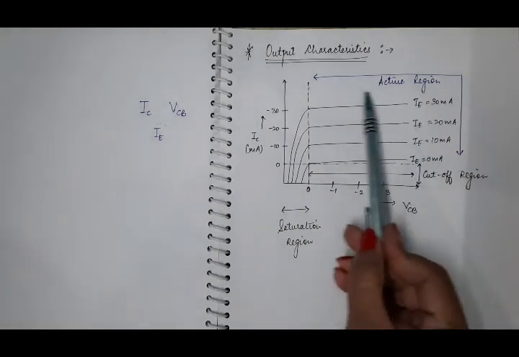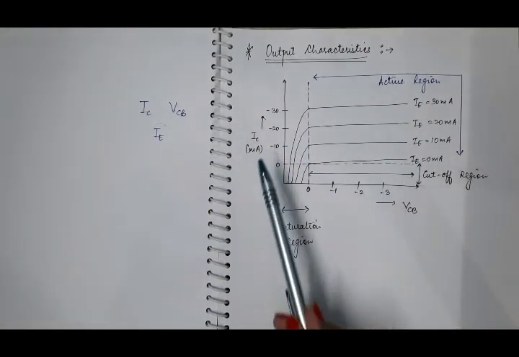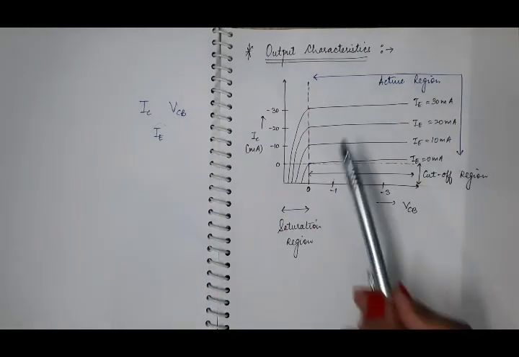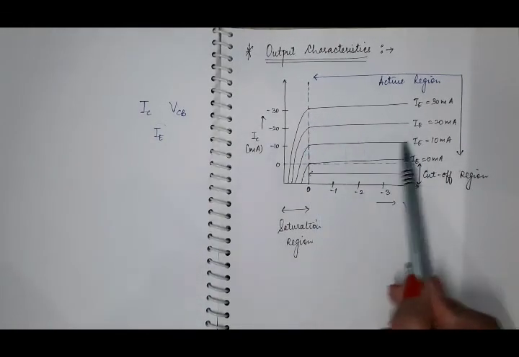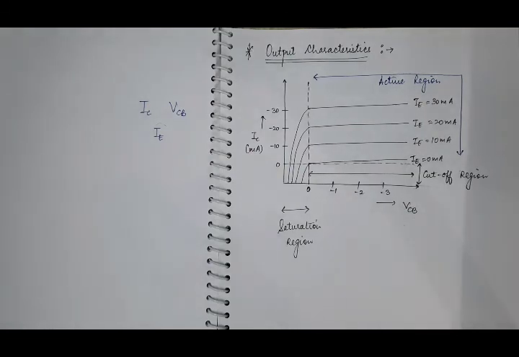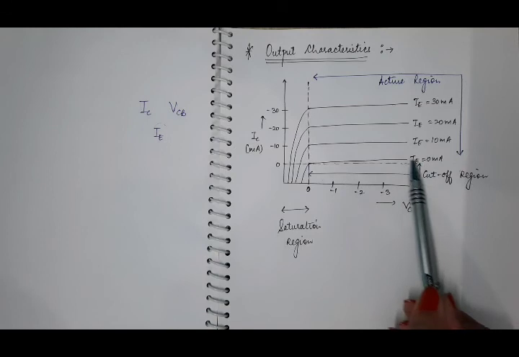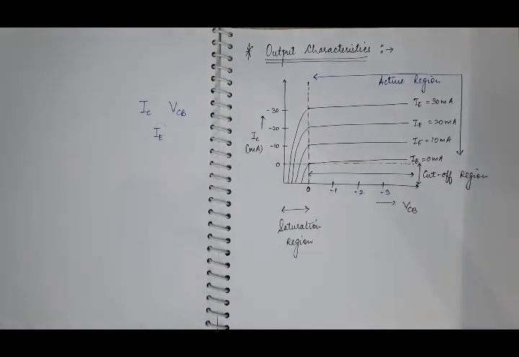And in the active region, the collector current almost remains constant. There is no appreciable change in the collector current with increase in reverse bias voltage. And in this cutoff region, the collector current is almost equal to the leakage current, ICO.